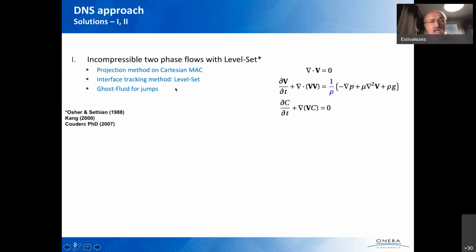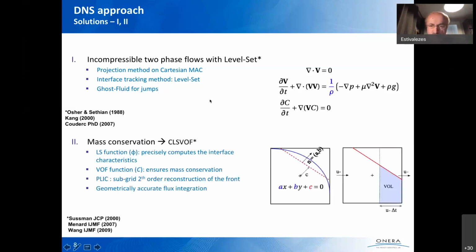We also treat the jump of quantities at the interface, like normal stress and tangential trace, by a ghost fluid approach. We don't have any smearing of the jump condition at the interface. We improve the mass conservation by coupling the level set with volume of fluid. Here you have a representation of a piecewise linear interface in this cell.